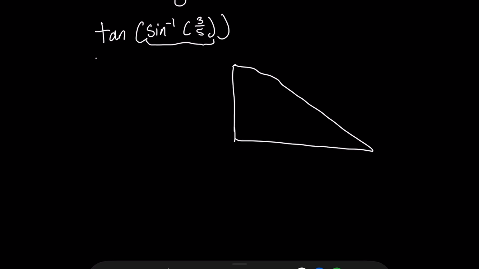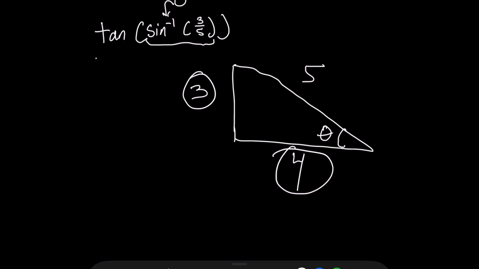If this little thing is theta, then let's draw it. This is a 3, 4, 5 right triangle. This is 4. Now, all it's asking for now is tangent. What's tangent? Opposite over adjacent. The answer is 2/4. We're done.